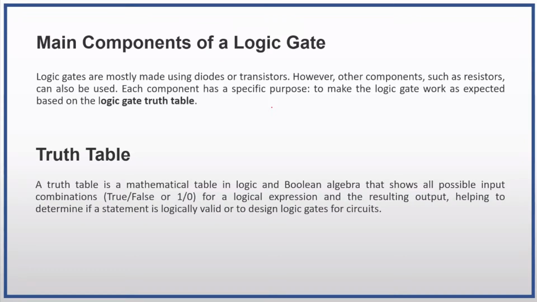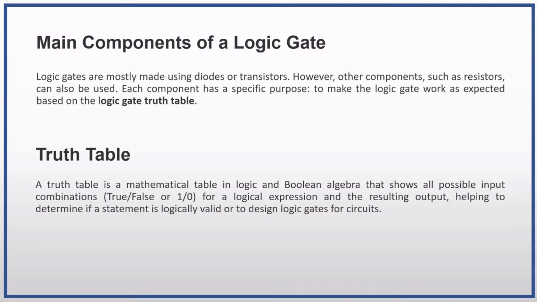So in a truth table we show all possible input combinations. We can give 1 or 0, and we will have the corresponding output for those inputs as a result in the truth table.